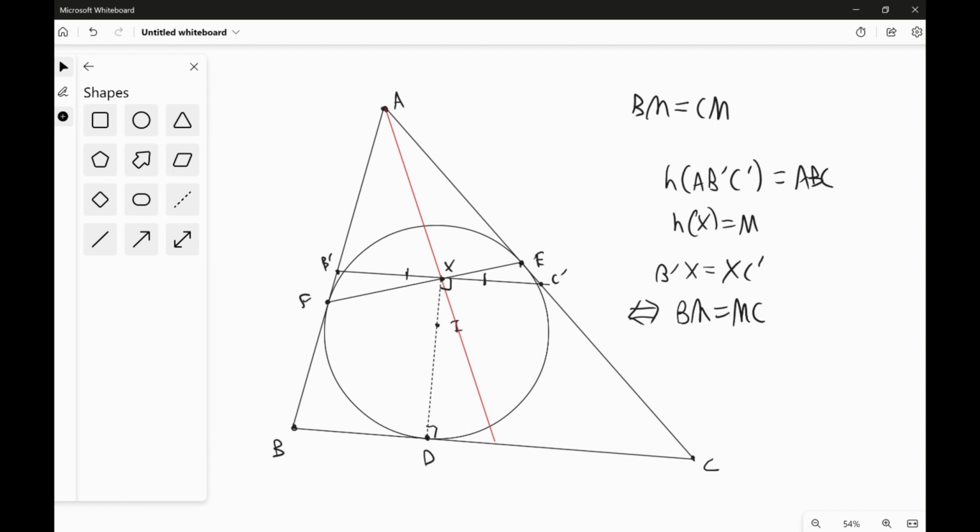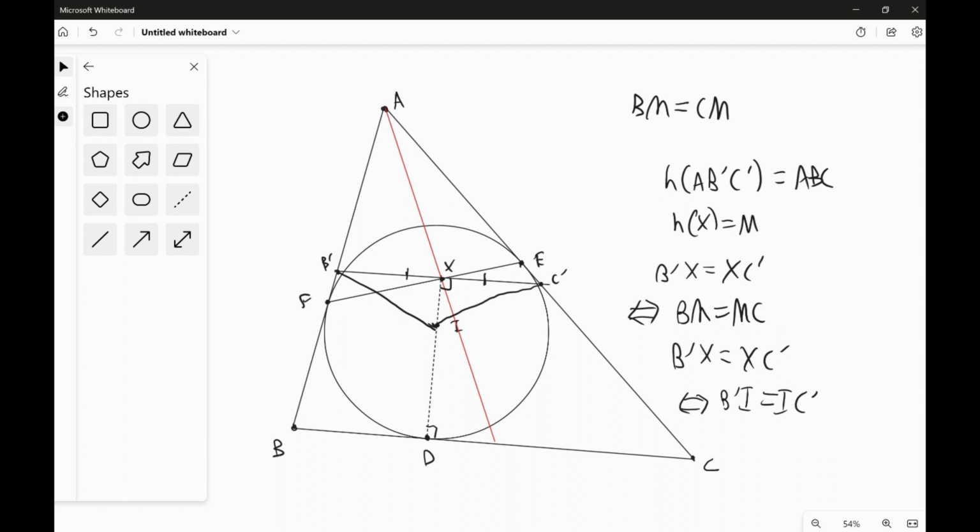So since I also lies on this perpendicular bisector, this would mean that B'I is equal to IC'. So that means that B'X equal to XC' is equivalent to B'I equal to IC', because then DI would be the perpendicular bisector.